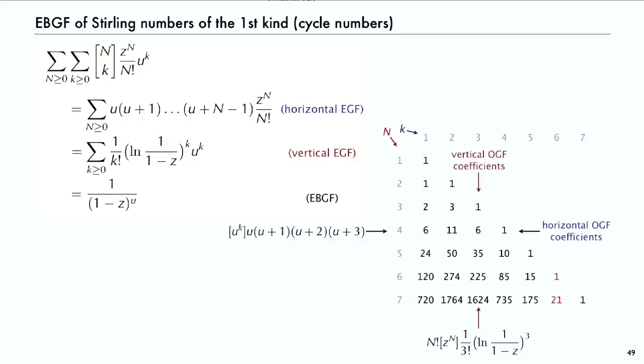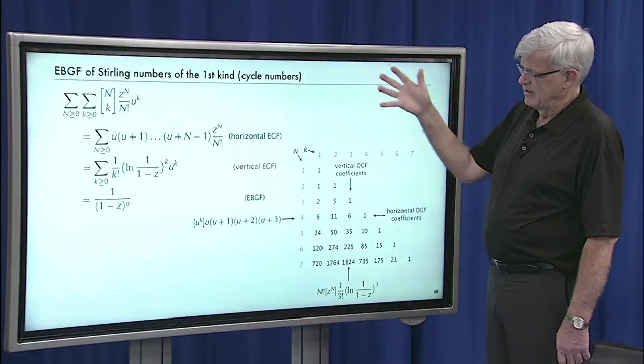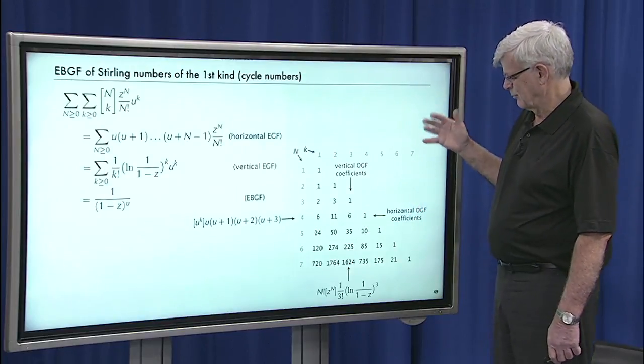And then the vertical one is 1 over k factorial log of 1 over 1 minus z to the k. The one we derived, the exponential bivariate generating function, is 1 over 1 minus z to the u. And there are arguments for getting both of these and extracting coefficients and so forth. Quite a bit is known about the Stirling numbers of the first kind as well.